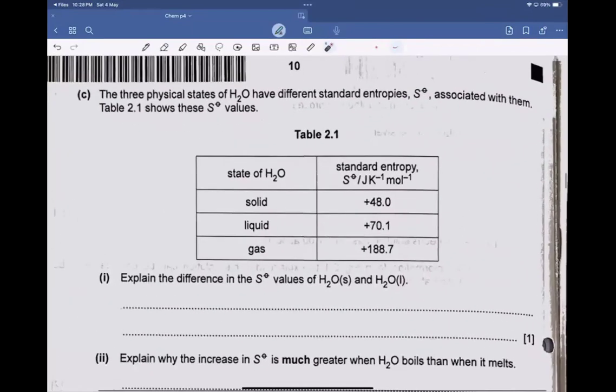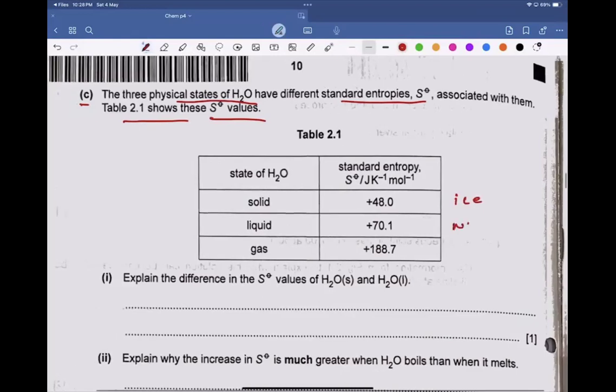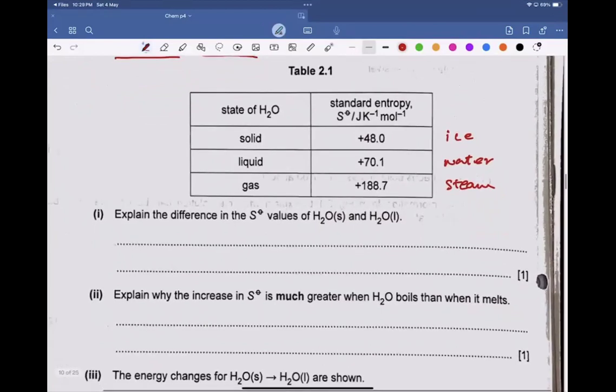Now see the next part. The three physical states of water have different standard entropies associated with them. Table 2.1 shows the entropy values. Okay. So it means ice has this entropy, liquid means water has this entropy, and gas means steam has this entropy. I hope it's understandable to all of you. Explain the difference in entropy values of solid water and liquid water.